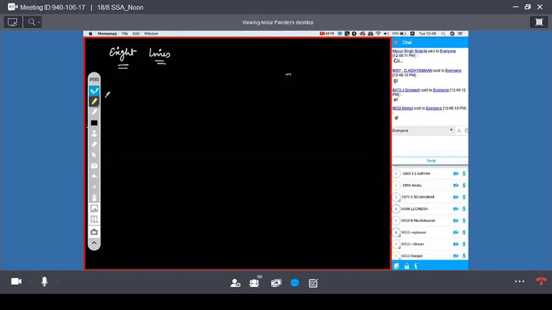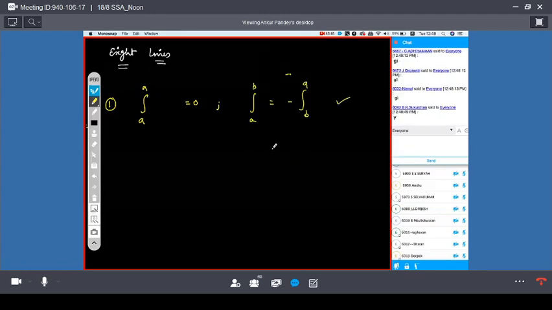Line number 1, integration from A to A is 0. Integration from A to B is equal to minus integration from B to A. Right or not? No doubt.